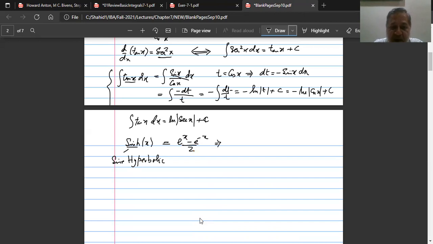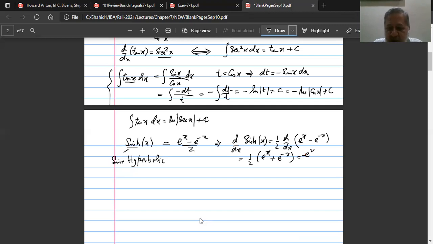That means if I take the derivative of sin hyperbolic x, I have to take the derivative of this function. That means 1/2 d/dx of (e^x − e^(−x)). And that means 1/2 [e^x, derivative as it is, and e^(−x) derivative gives minus e^(−x)], so minus minus becomes plus.